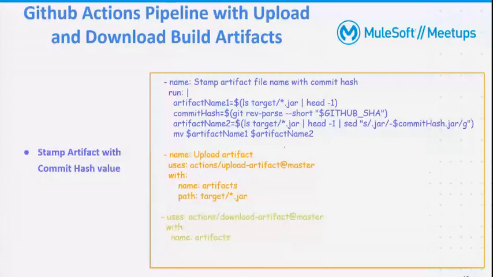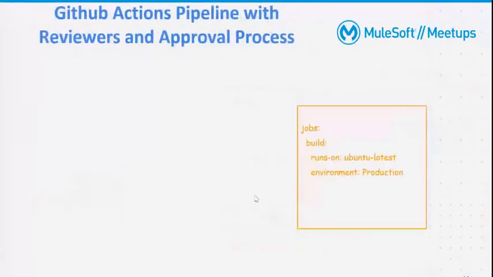Every commit has a hash value, and you can use it to identify the latest jar and make sure the same jar is deployed in our environment. Uploading and downloading the artifacts will save you a lot of time. Instead of building that jar again in the next job, you can save that time and improve performance.